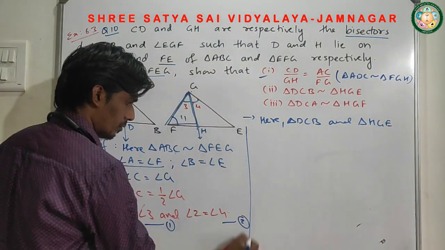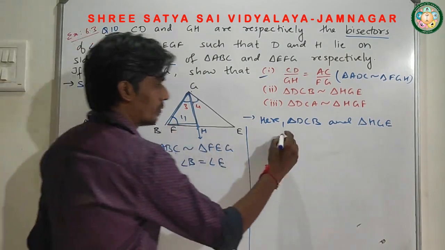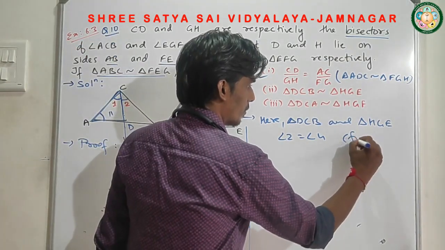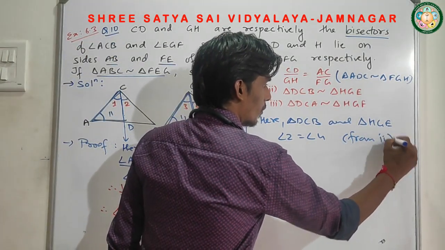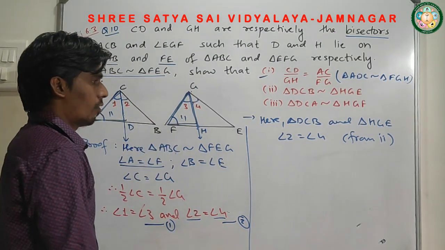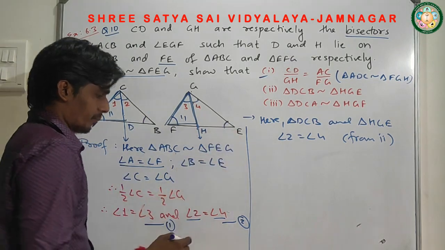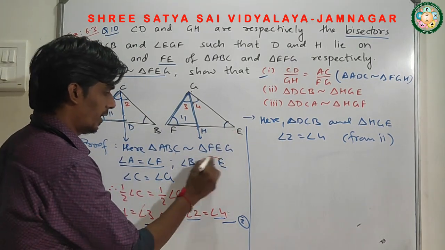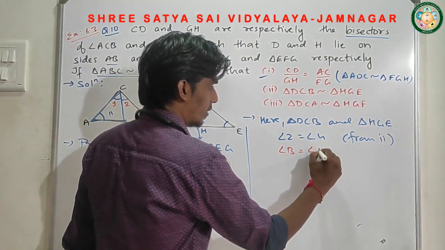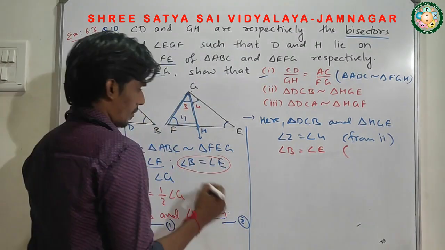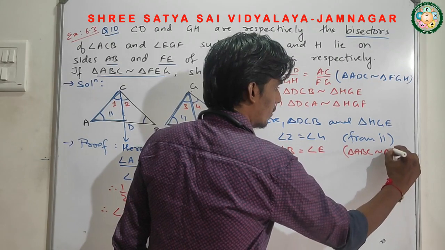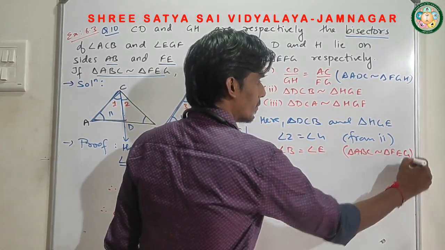Now here I can say that angle 2 is equal to angle 4 from condition 2. These two angles are equal. Now you can say that angle B is equal to angle E, because triangle ABC is similar to triangle FEG.